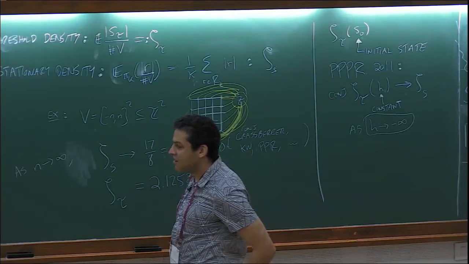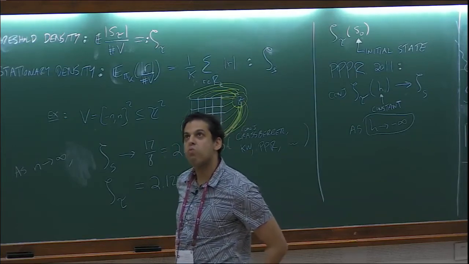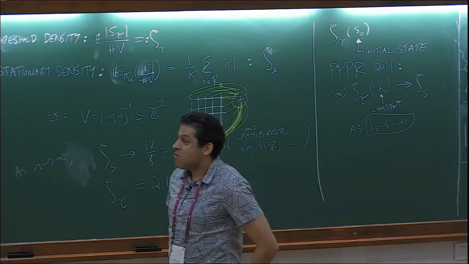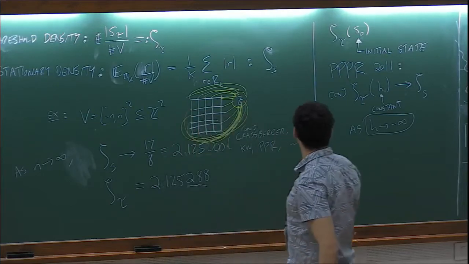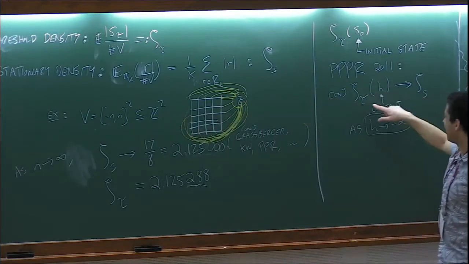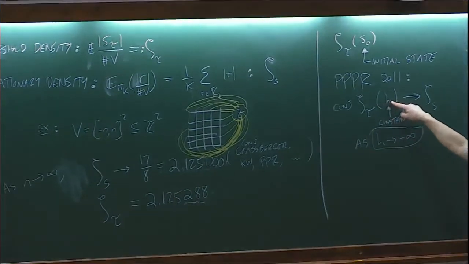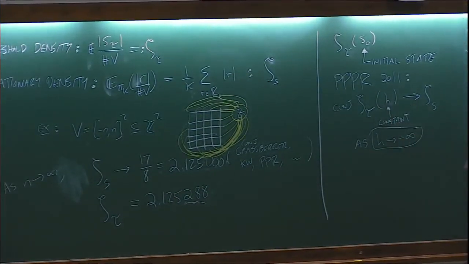It may be the case on the square grid, for example, that zeta tau of h is monotone in h. I don't know if that's true, but I think you can cook up graphs where the inequality goes either way, and where this function is not monotone. So I don't see any reason for it to be monotone. Other question?